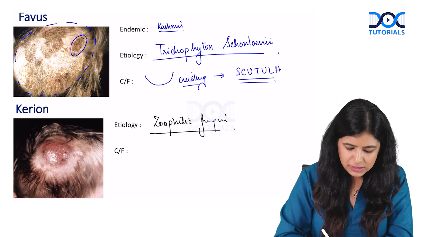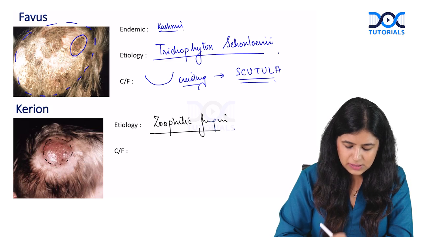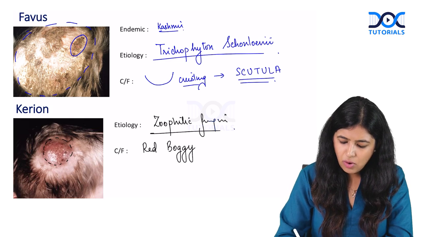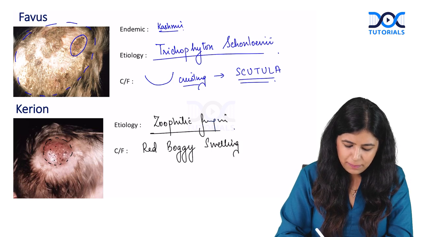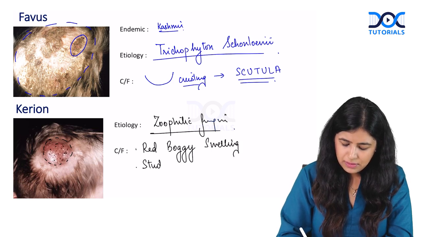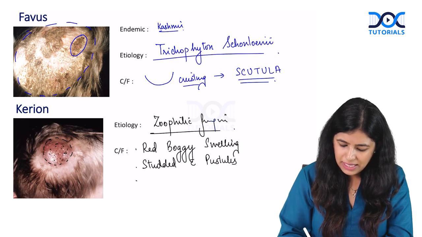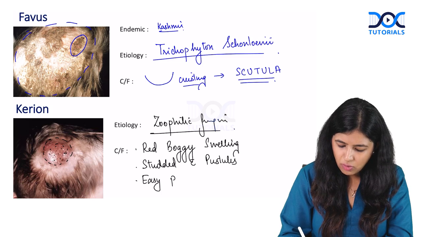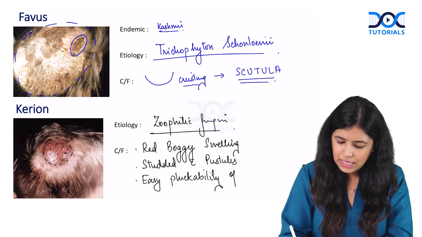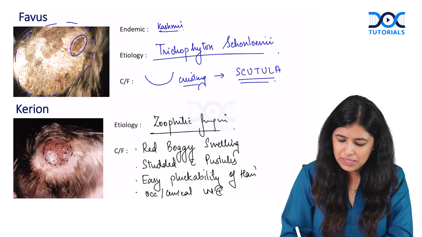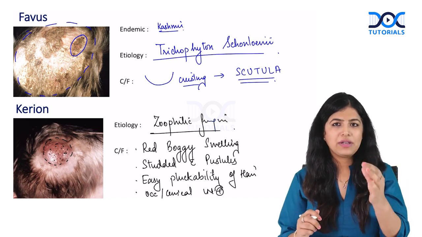Here the child is going to present with a red boggy swelling, which is studded with pustules. There is easy pluckability of the hair, and there may be a regional lymphadenopathy in the form of occipital or cervical lymph node enlargement. So this is how a Kerion presents.